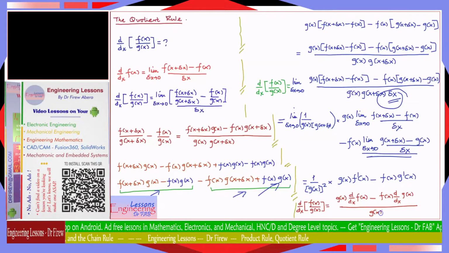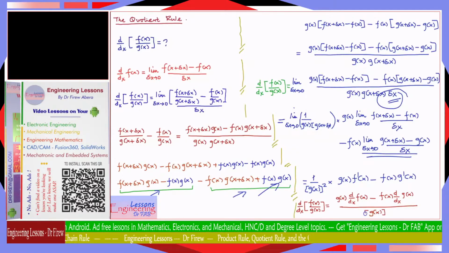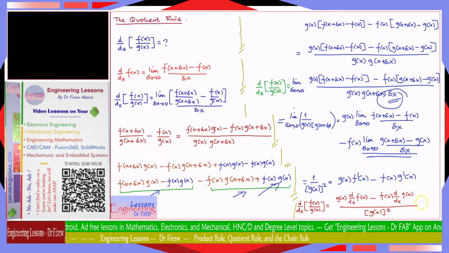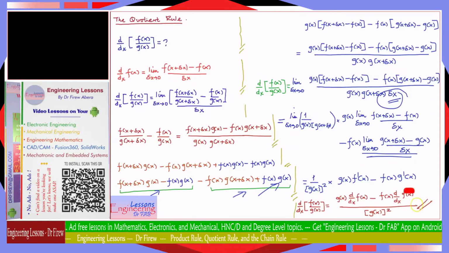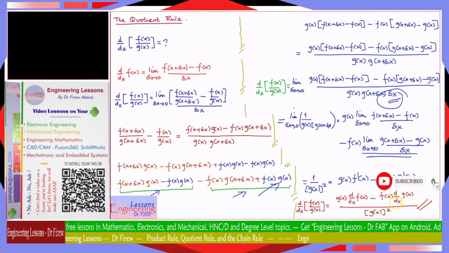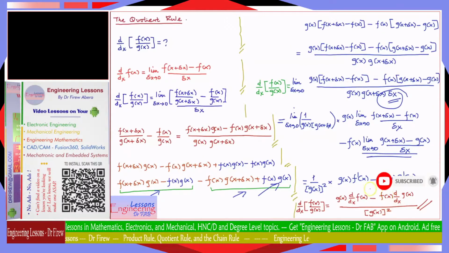Okay, all right, so that is the derivation of the quotient rule.